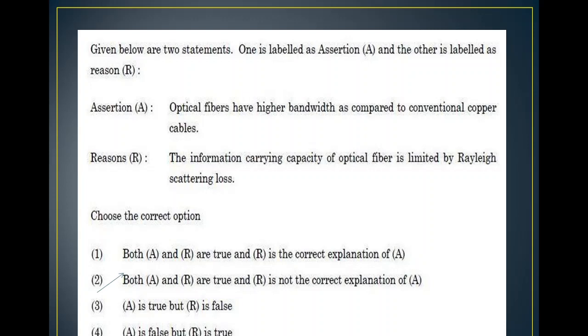Option first, both A and R are true and R is the correct explanation of A. Option second, both A and R are true and R is not the correct explanation of A. Option third, A is true but R is false, and option 4, A is false but R is true. And the correct option is second, A and R are true but R is not the correct explanation of A.